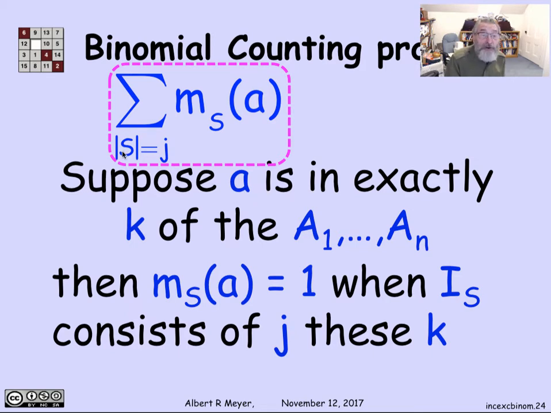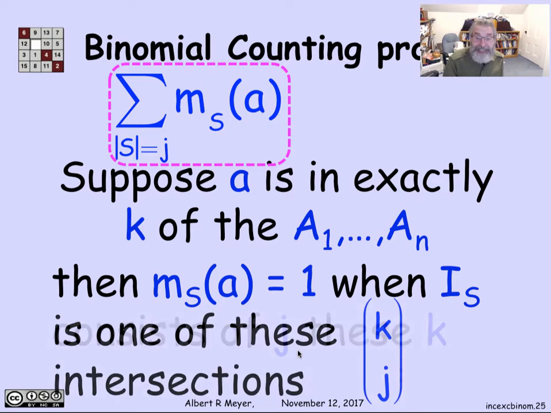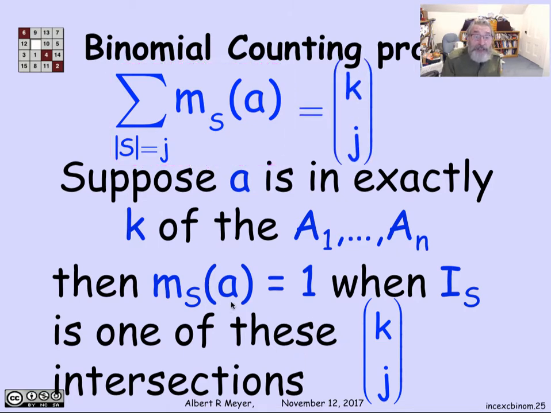And if I'm summing over those sets S where this is 1, which are of size j, there are exactly k choose j of these intersections when m sub s of a is 1. So that means that we figured out, generalizing the 5 choose 3 example, that this term, the sum over all of the s's of size j of m sub s of a, is k choose j.